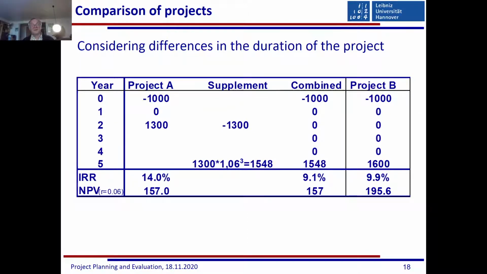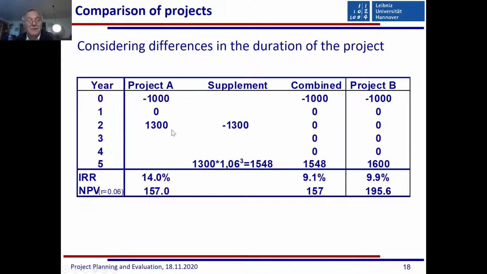So now we could say, in order to make these two projects comparable, they should be equal in 2 criteria. One is the initial amount, which is assured. The second one is the amount that is reinvested.